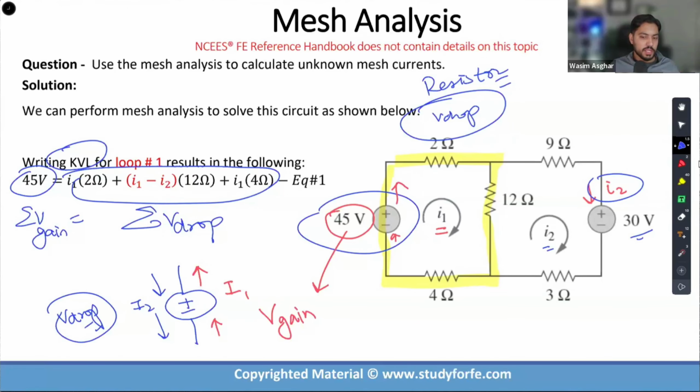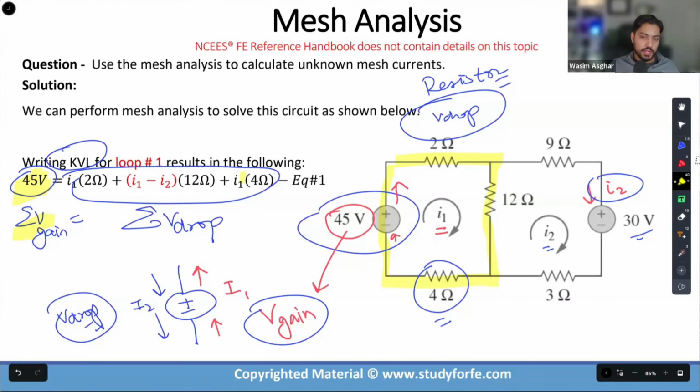Okay, so this will be treated as a voltage gain. I am going to throw 45 volts over here, and the product of I1 times 4 ohms over here on the right hand side as a voltage drop, and the product of I1 times I2 over here as a voltage drop. Okay, what happens to the middle branch?